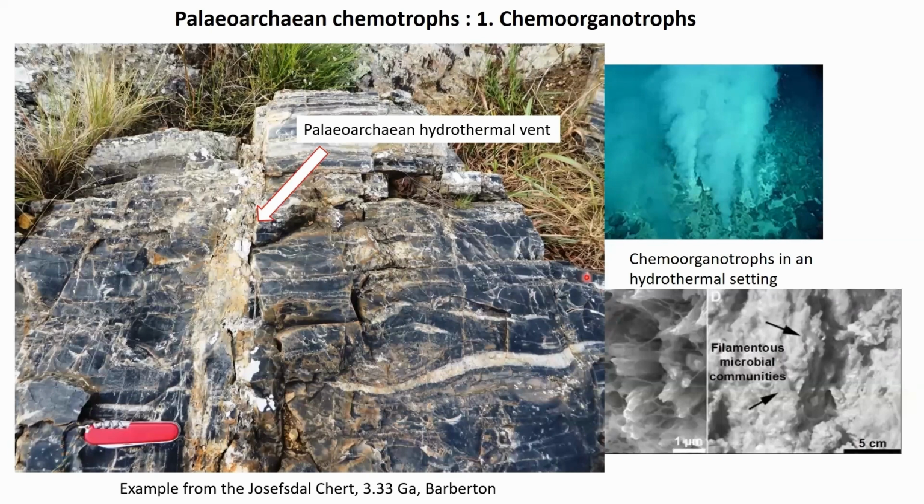So we're going to have a look at an example from the Barberton Greenstone Belt from the Westall chert. The image on the left represents an outcrop where this vertical white line actually represents a hydrothermal vent that's cutting through layers and layers of sediment.